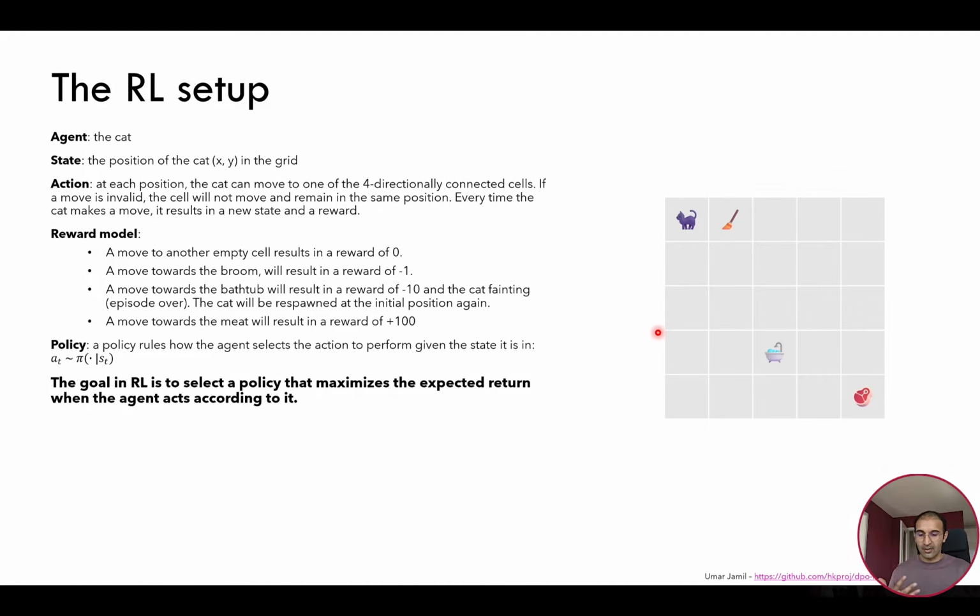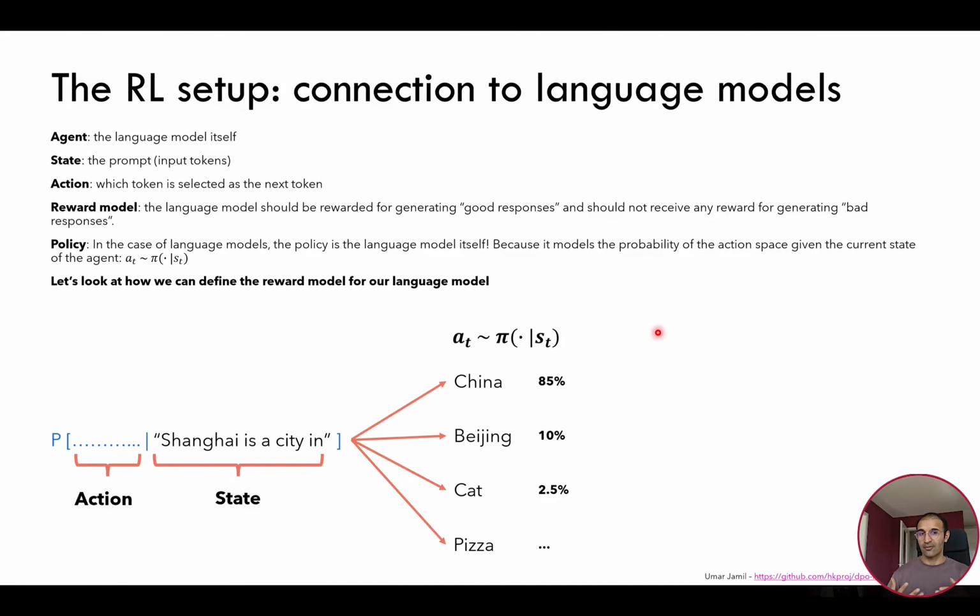Now you may be wondering, okay, the cat can be seen as a reinforcement learning agent, as a physical agent that takes some actions, but what is the connection between reinforcement learning and language models? Well, as we saw before, in reinforcement learning we have this thing called policy, in which given a state, the policy tells us the probability over the action space of the next action. So what possible next action we can take and the probability of each action.